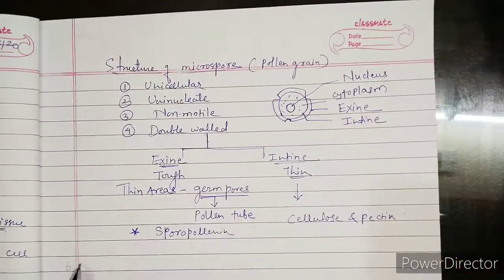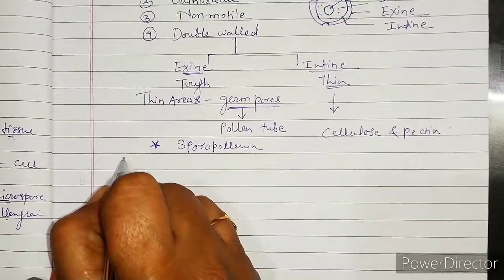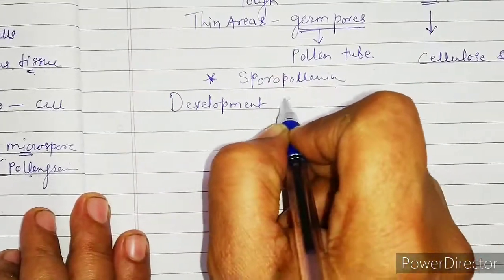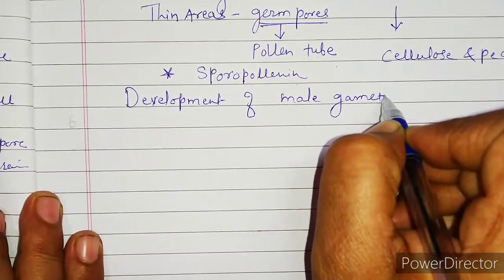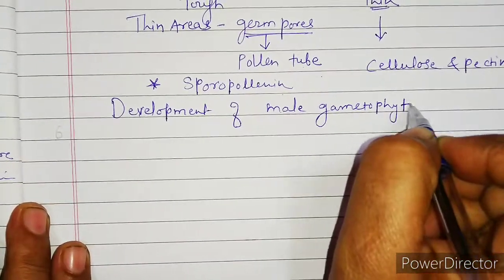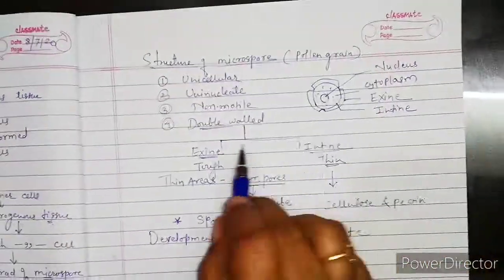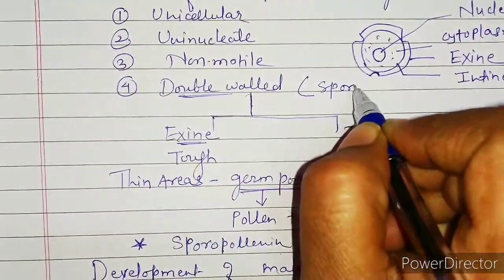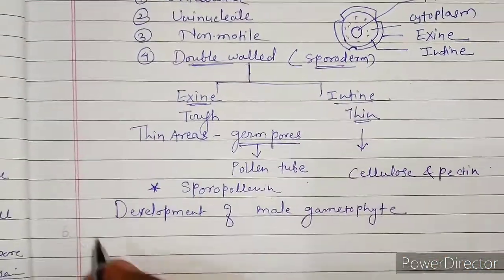Now, the next one is how the male gametophyte is formed. That is called development of male gametophyte. One thing I have forgotten to tell you: this double wall structure of the pollen grain is also called sporoderm.